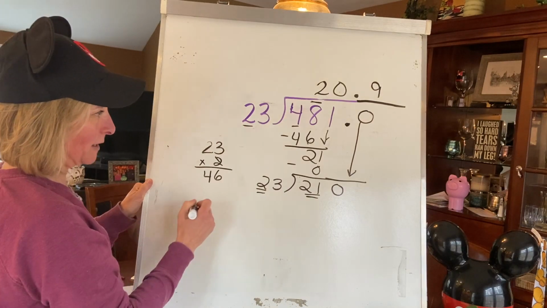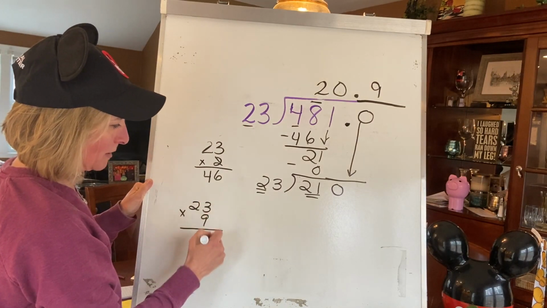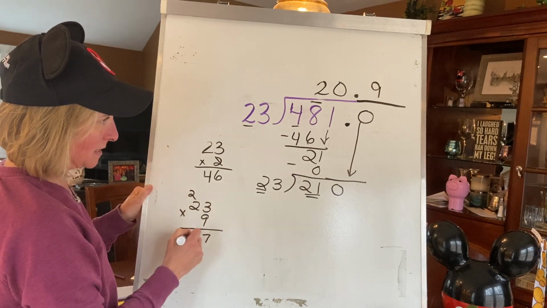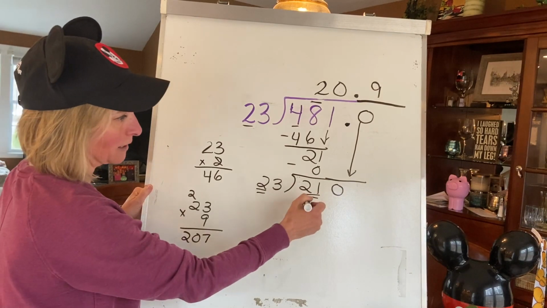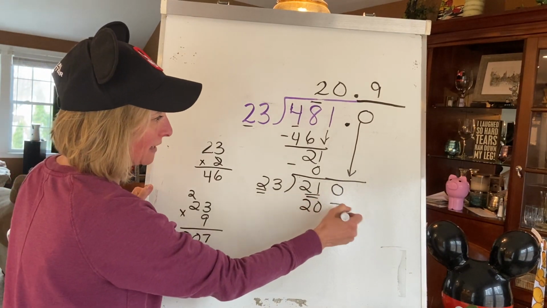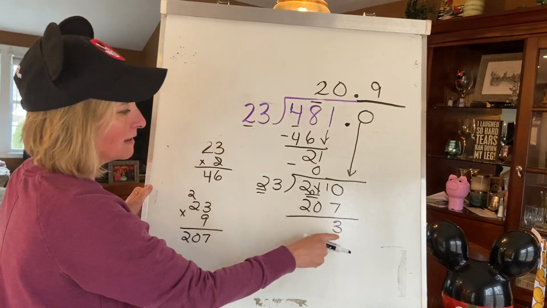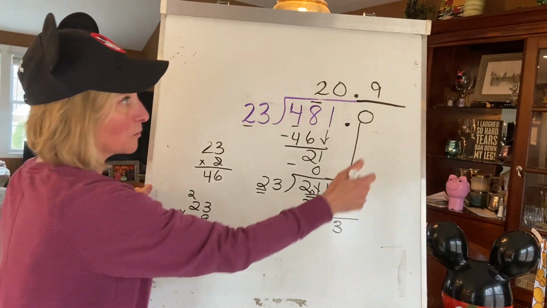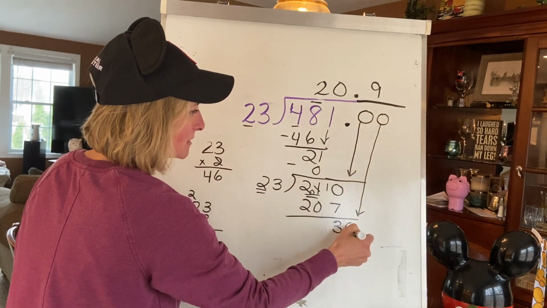Over here, I'll do my 23 times 9. If I do my multiplication, that's 207. I can subtract 207 from 210. So I put it here. I get 3. Again, I don't want a remainder, so I'm going to put another 0 and bring it down.